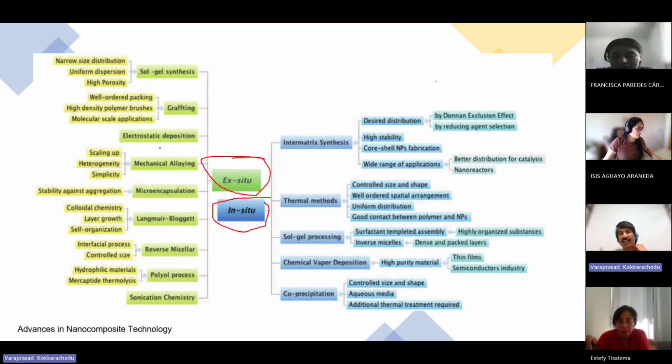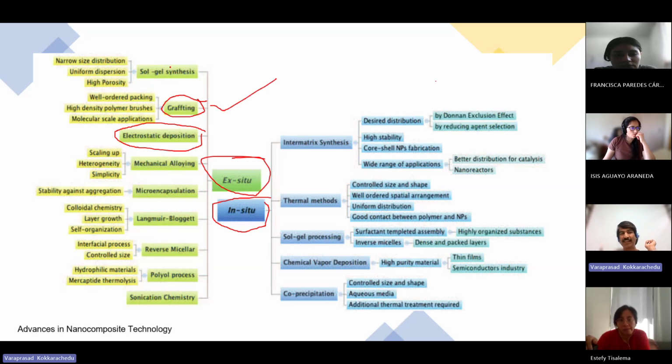And more importantly, we have to know about grafting methods, and this is not needed, but we can discuss electrostatic deposition method. No need to get more information, but we need to get this grafting information.